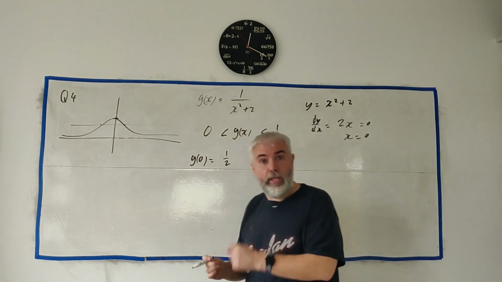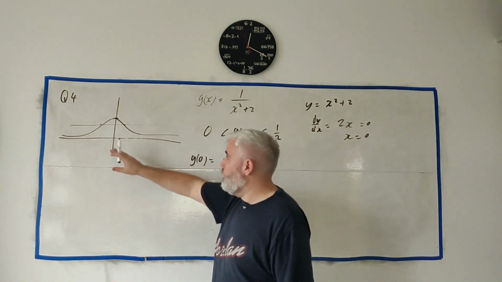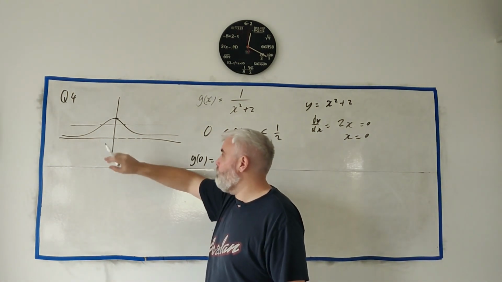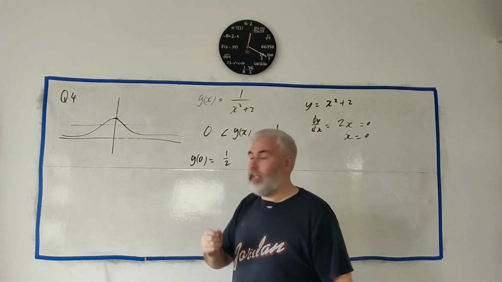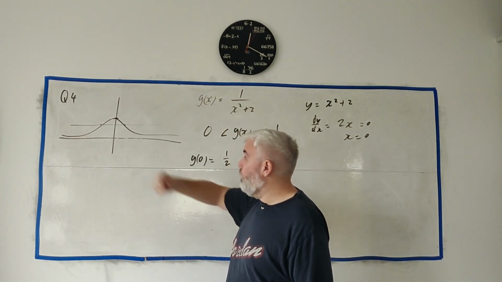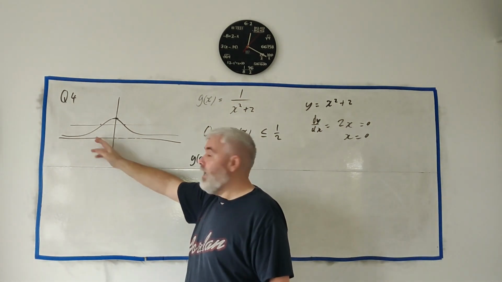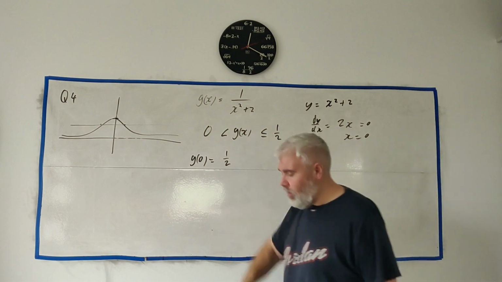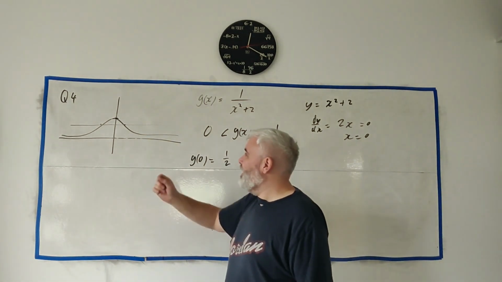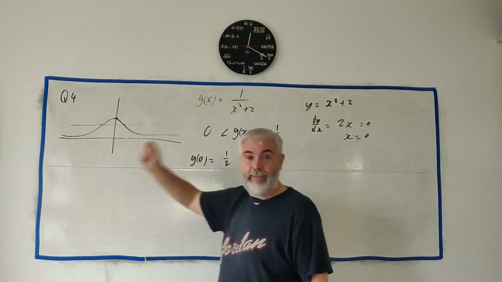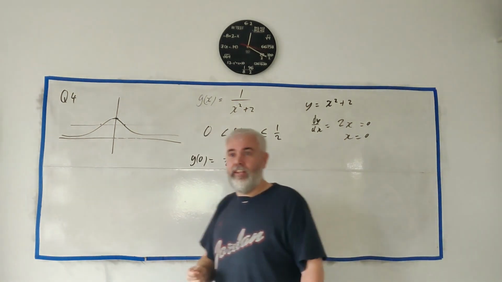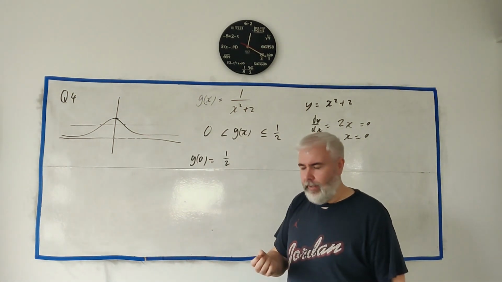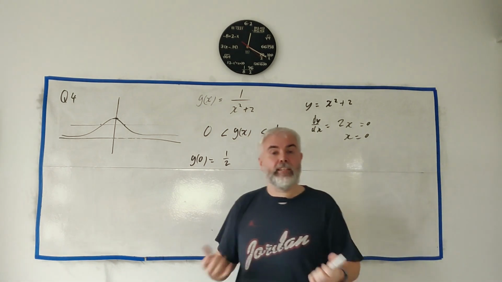The idea though is that with this function there are many things you can put in to get one answer. You can get 1 over 100 by putting 10 in or minus 10. I realise that's slightly wrong because that's 2, but roughly. So you can put many things in and get the same answer. We can never have a function where one thing goes in and many things come out.